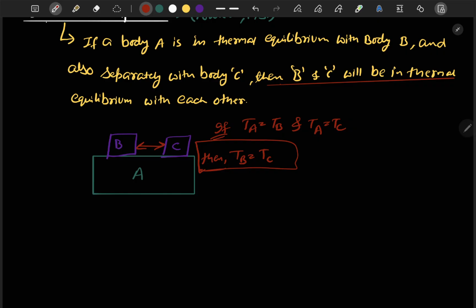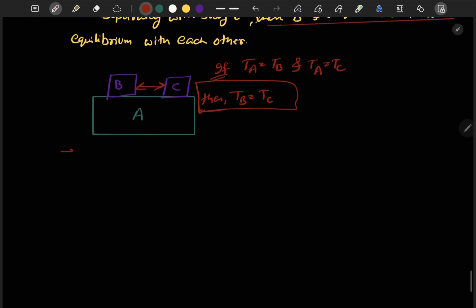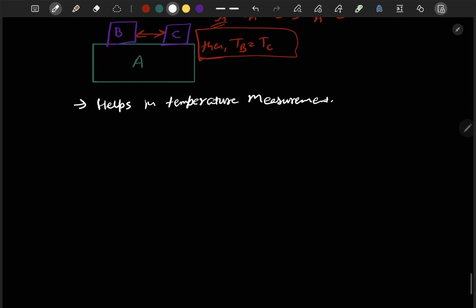This zeroth law helps in temperature measurement, and during this temperature measurement, body C acts as body A. It means that the thermometer will have to be in thermal equilibrium with two different bodies.